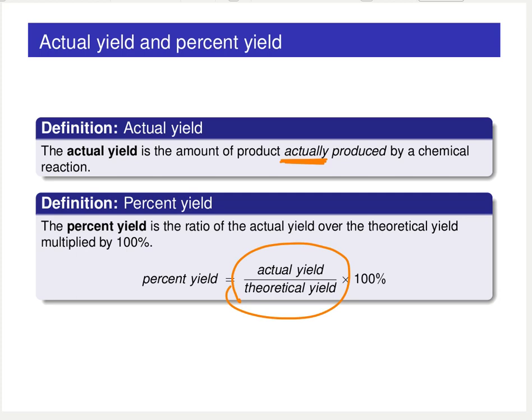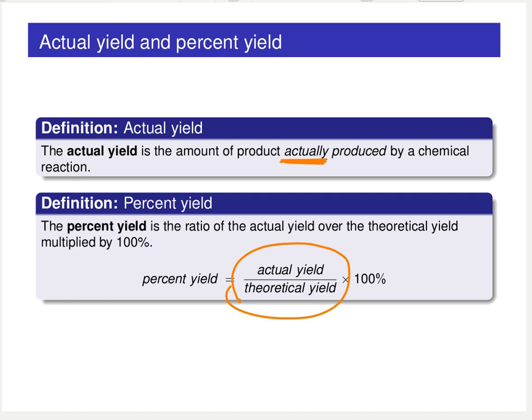Now, in the context of a chemical reaction equation, there are many reasons why your actual yield will be less than your theoretical. You could, of course, drop some of your reactant molecules. You could spill them. Or some of those reactant molecules could be stuck to the side of your Erlenmeyer flask or beaker or wherever you're carrying out that reaction.